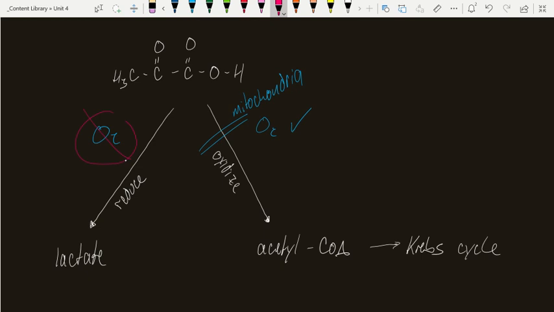There's still a lot of potential energy in it. But why go through the process of having this reduction phase in the first place, from pyruvate to lactate? Well, it's not because I care about lactate, but because I care about the redox reaction that takes place. Remember, if we go back and look at the conversion of glyceraldehyde 3-phosphate to 1,3-bisphosphoglycerate, this was the one redox reaction in glycolysis, and it produced NADH.